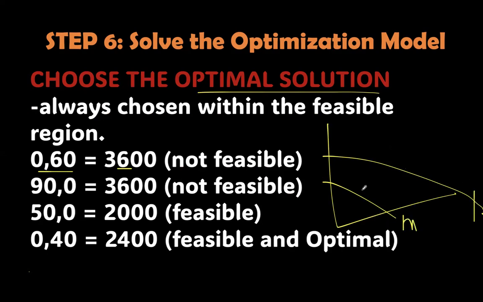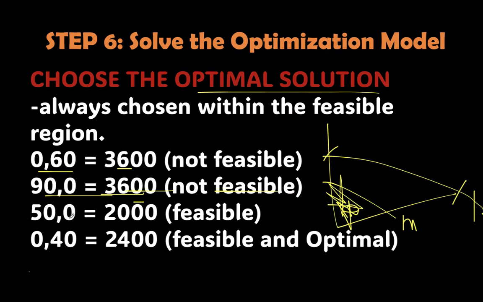Given your feasible region, 0, 60 is not feasible because that is out here, for example. And 90 is not feasible as well because that cannot be accessed by our material constraints. Therefore, they are not in the feasible region, although they do equate to more profit. So we don't need to include them.